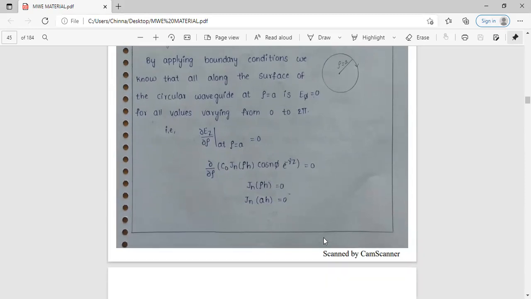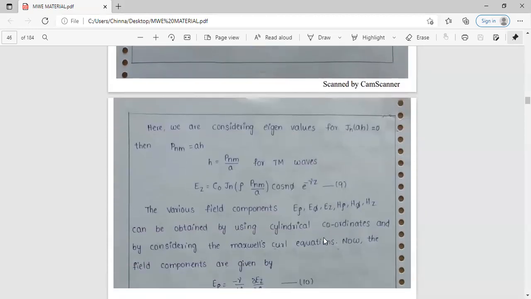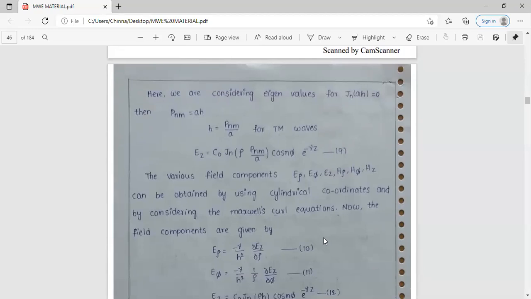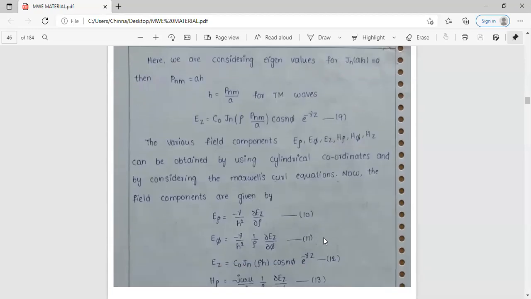Here we substituted a in place of rho. Considering the eigen values, Jn of ah is equal to 0, then Pnm is equal to ah. So h is equal to Pnm by a for TM waves. But for TE waves we got P dash nm. Remember, there is a difference between the two. h is equal to Pnm by a for TM waves.